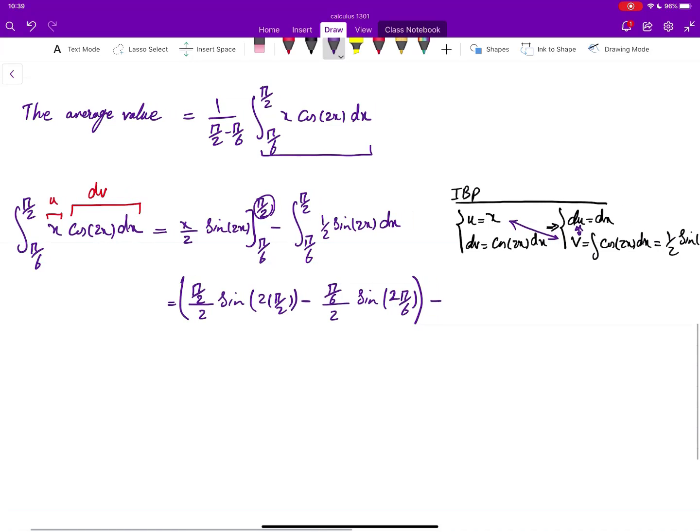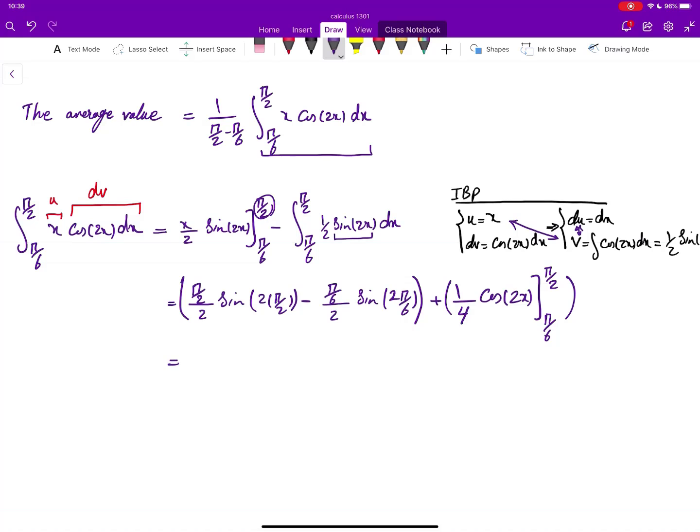Minus, well, I know that the integral of sine mx is negative 1 over m, so this will be plus 1 over 2 that was there before. Integration of sine of 2x will give me another 2. That will be 1 over 4 cosine of 2x. And I have to go from pi over 6 to pi over 2.